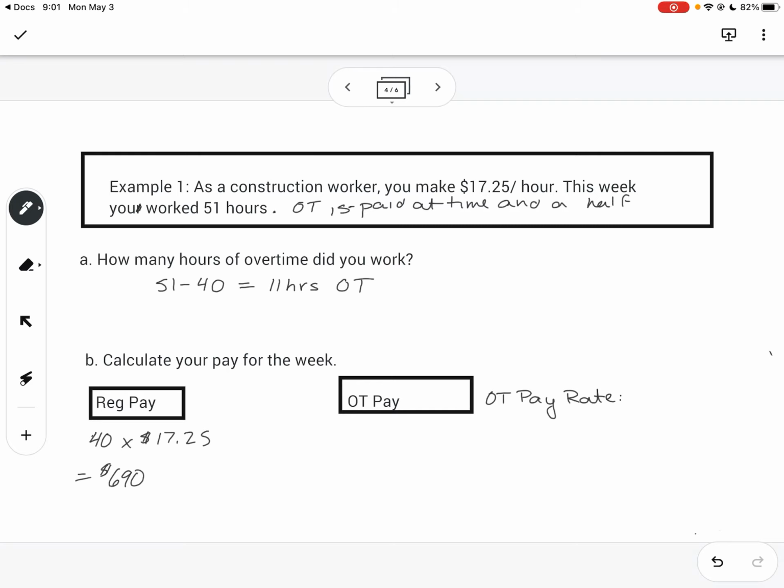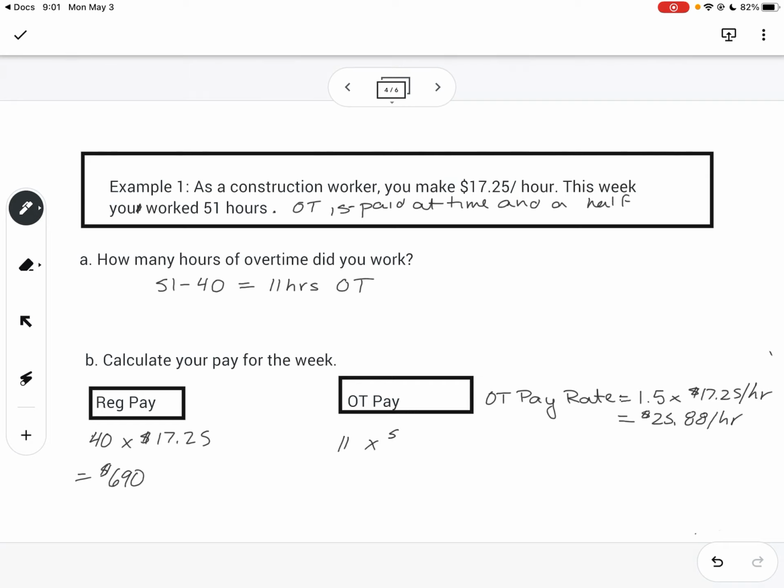So because it's time and a half, I'm going to take 1.5 times my regular hourly rate, which is going to give me 1.5 times 17.25, which is $25.88 per hour.